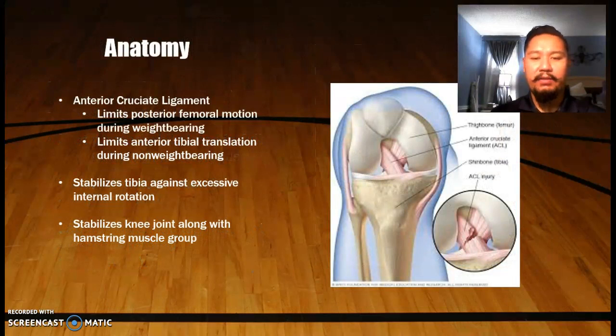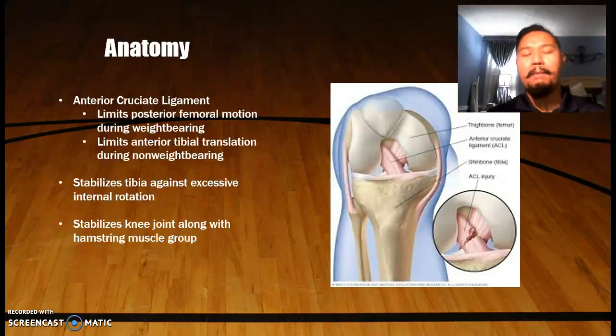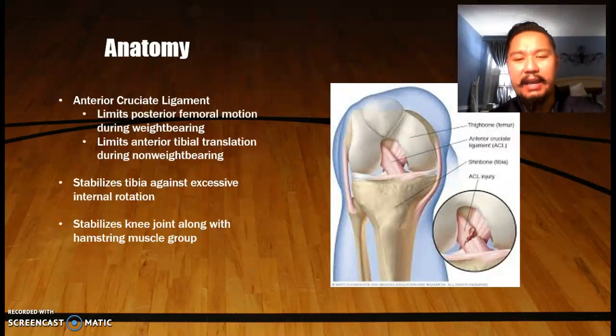So the anterior cruciate ligament, as we said earlier, limits posterior femoral motion during weight bearing and stabilizes the tibia against internal rotation. The hamstrings also aid the ACL in those jobs.